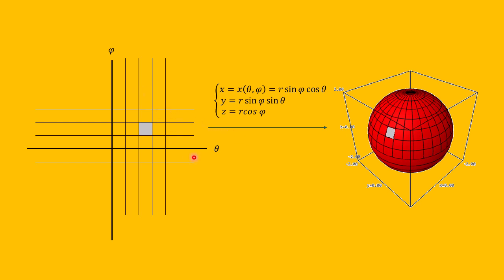Now, in the theta-phi diagram here, we could have a little region which is between u sub i and u sub i plus 1, and also between v sub j and v sub j plus 1. It looks kind of like a square here, but it doesn't have to be a rectangle. It maps into something over here on this surface, and perhaps it's this little parallelogram-shaped piece right here.